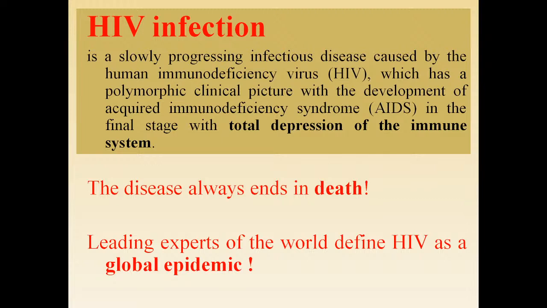Next disease, HIV infection. This is a slowly progressing infectious disease caused by the human immunodeficiency virus, which has a polymorphic clinical picture, with the development of acquired immunodeficiency syndrome in the final stage, with total depression of the immune system.